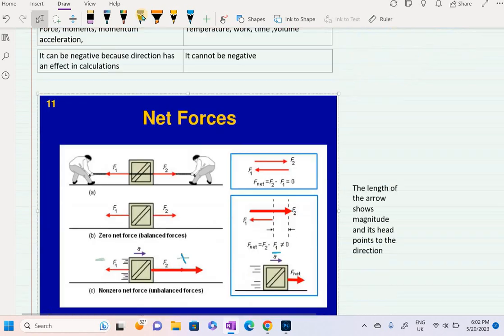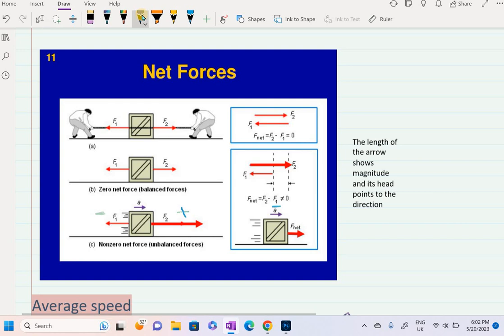Let me go to the next point, which is force. We said force is one of the vector quantities. I want to show you how I can have a negative value.